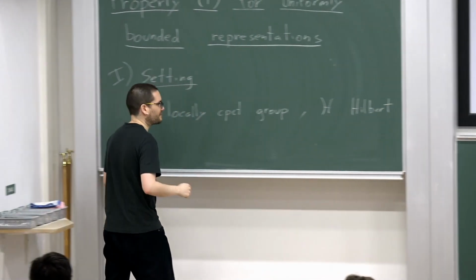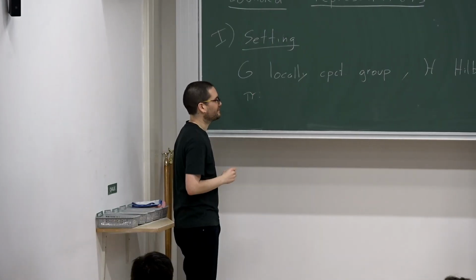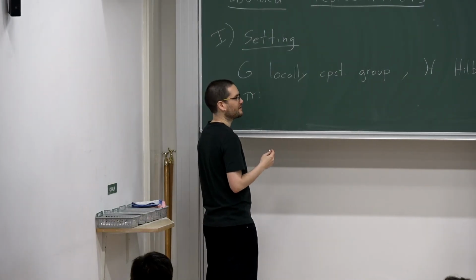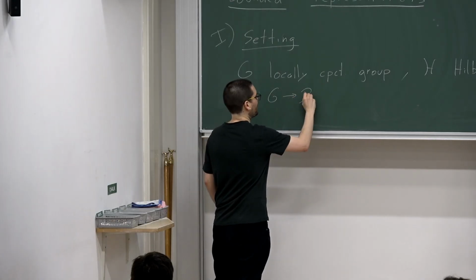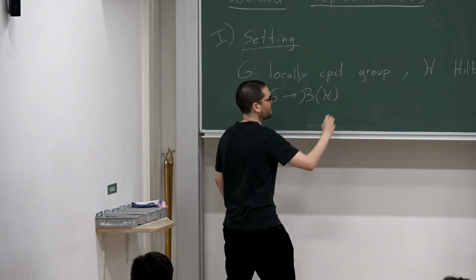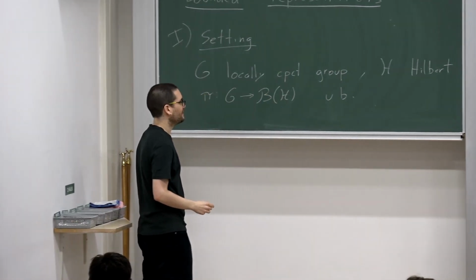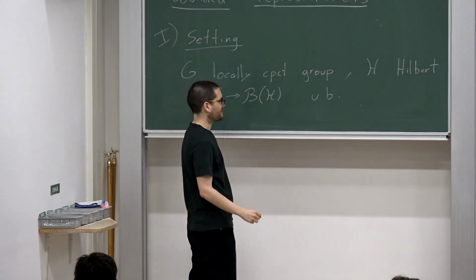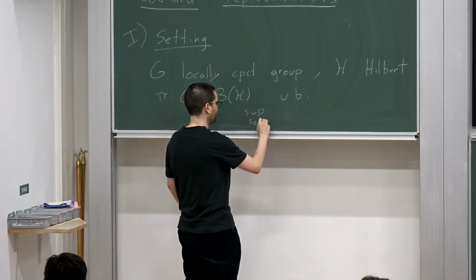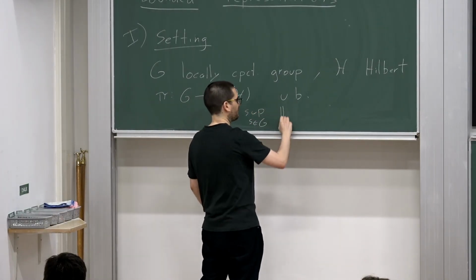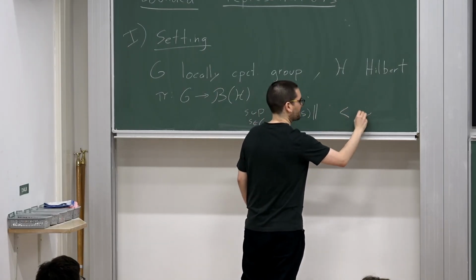And I'm going to look at representations. We have already seen this in a few talks. From G to the bounded operators on H, which are uniformly bounded. What I mean by this is that if I take the supremum over all the elements of the group of these norms, then this is finite.